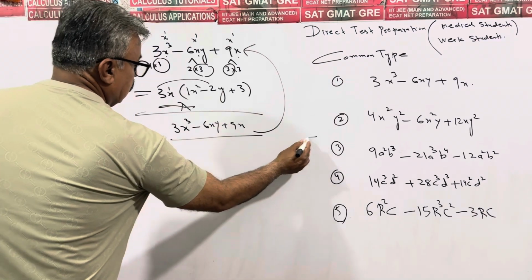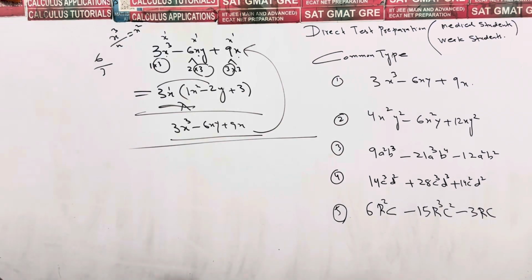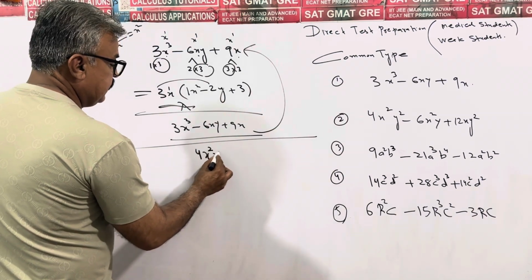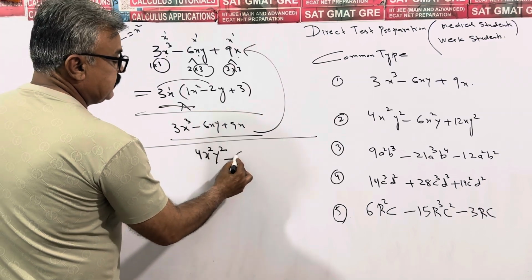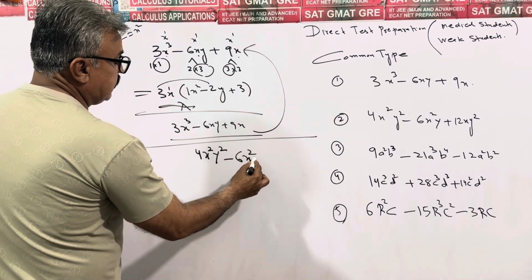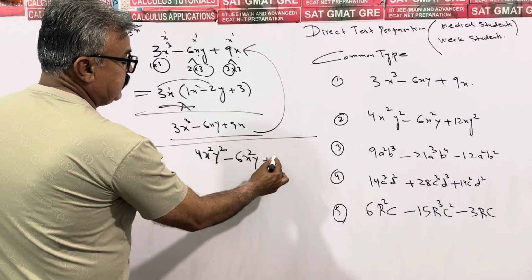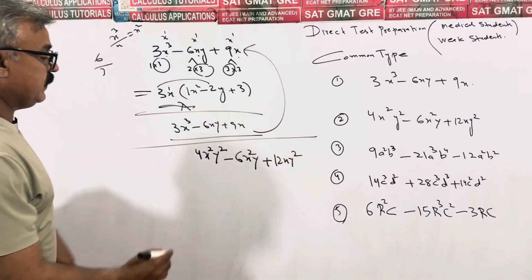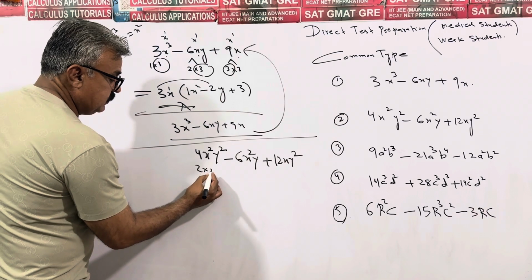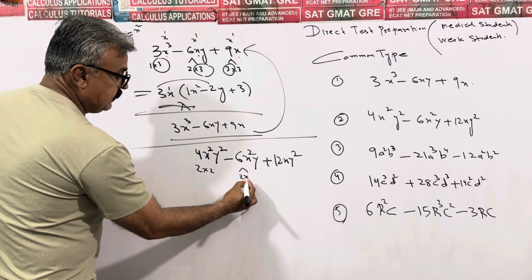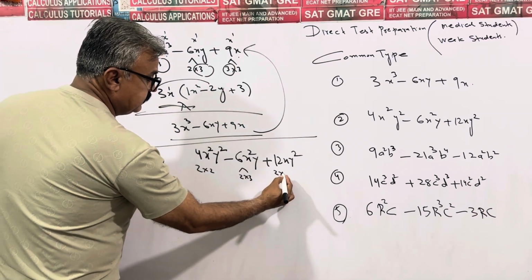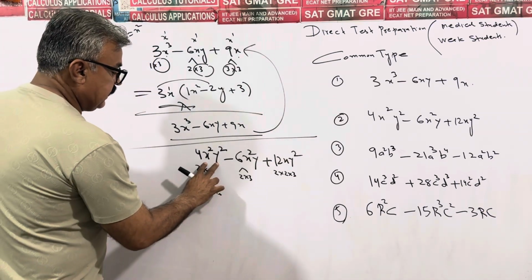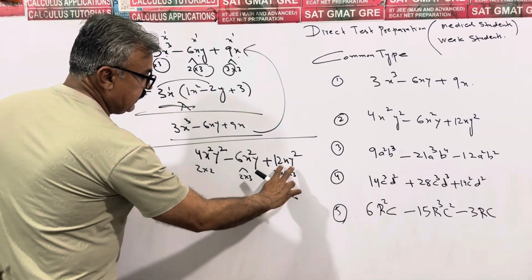Good one. Okay, cool. Second question for you: 4x square y square minus 6x square y plus 12xy square. Look at this. Factors of 4 are 2 into 2, of 6 are 2 into 3, of 12 are 2 into 2 into 3. xy, xy, xy.